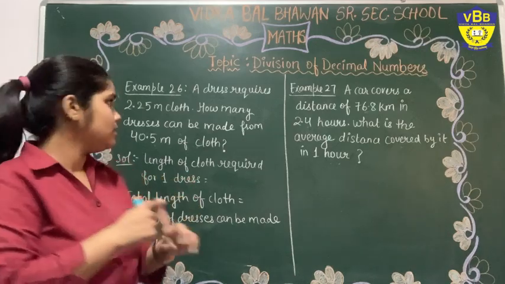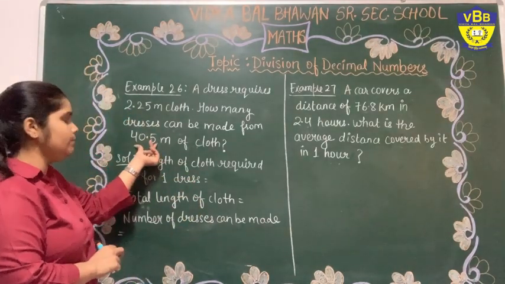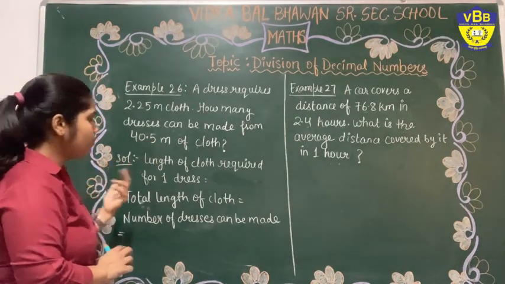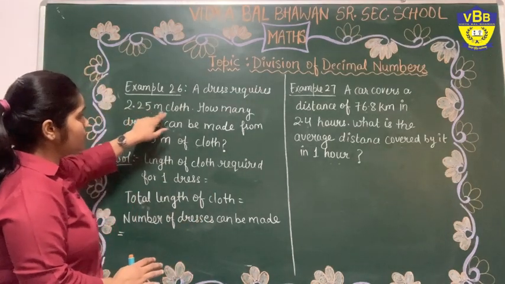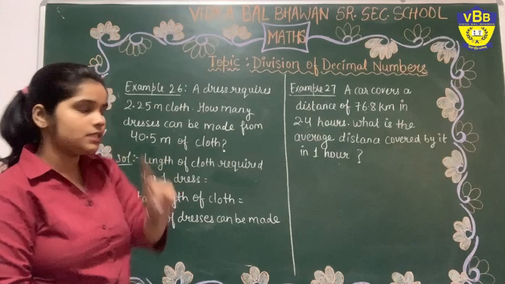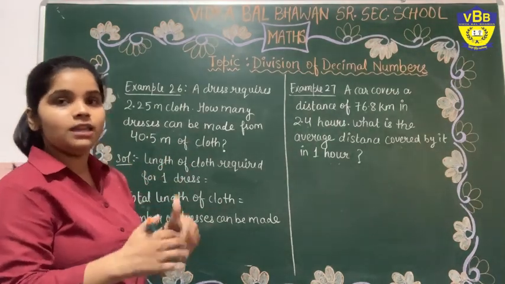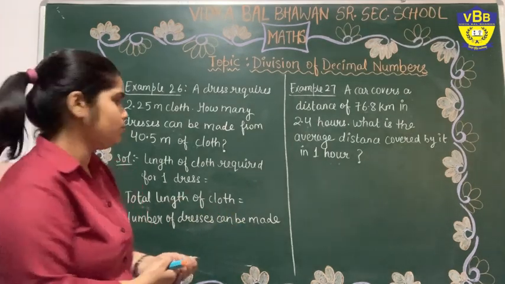If one dress requires 2.25 meter of cloth, how many dresses can we make from 40.5? So 2.25 meter cloth can make one dress, so 40.5 meter cloth can make how many dresses? We need to do division of these two numbers.